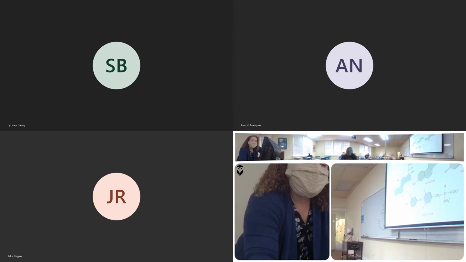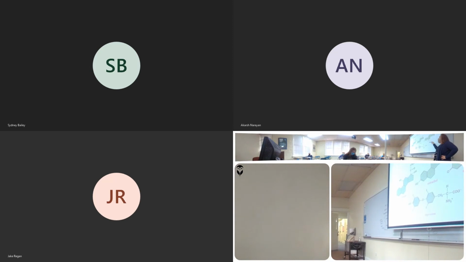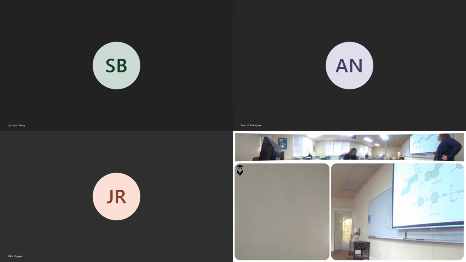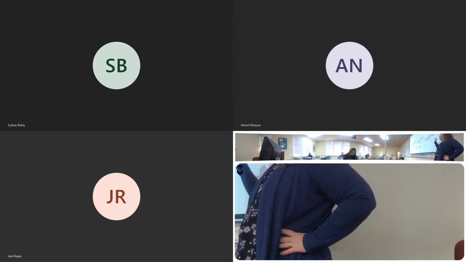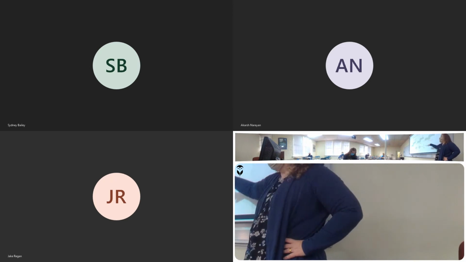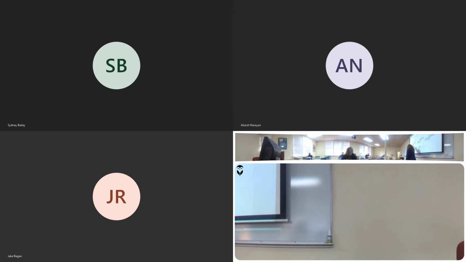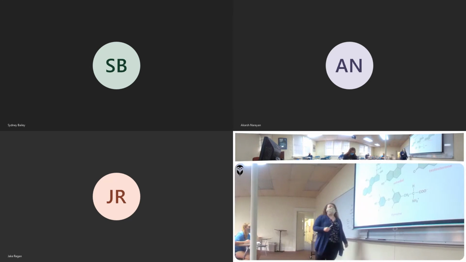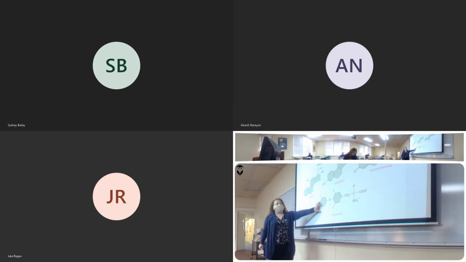Some other examples besides nitric oxide that can go through the membrane are steroid hormones. They are fatty. They are basically small, and they're able to go straight through membranes. These three are derived from cholesterol. Thyroxine is not.